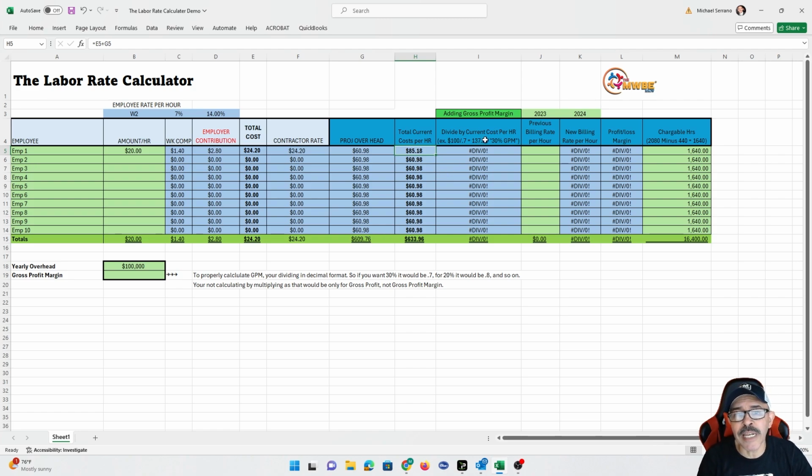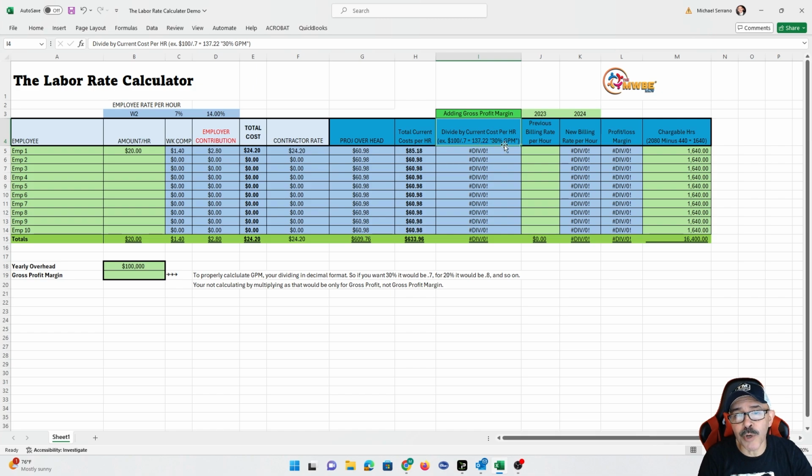So the example that I give here to make it easy to understand is if this number here, the total current cost per hour for that employee, is $100, and you want to make 30% gross profit margin, which is different than gross profit, you have to divide that by a number.